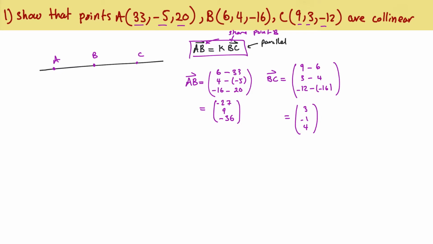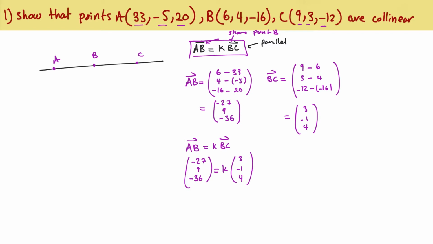Now, our next question is: is AB a scalar multiplication of vector BC? So AB is negative 27, 9, and negative 36, and we want that to equal k times BC, which is 3, negative 1, and 4.